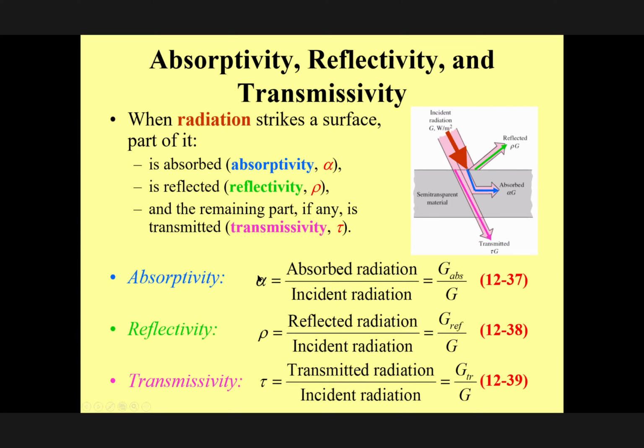Therefore, you select your material with the highest absorptivity to increase the amount of energy received, for photocells and so on. So it depends on the application that we have.